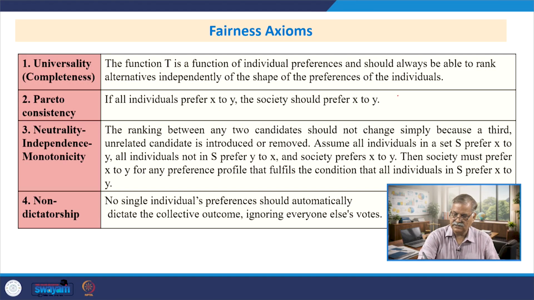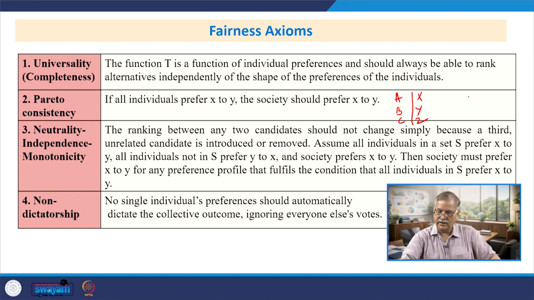The three persons are A, B and C, and the three events are X, Y, Z. If A prefers X to Y to Z, and B prefers Y to X to Z, and C prefers Z to Y to X.